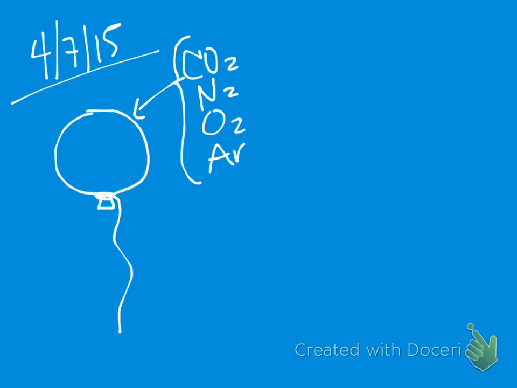Each of those is capable of exerting a different pressure on the balloon because they've got different masses. Oxygen is heavier than nitrogen. CO2 is lighter than an oxygen molecule. So we've got all these different gases all exerting different amounts of pressure on the balloon.